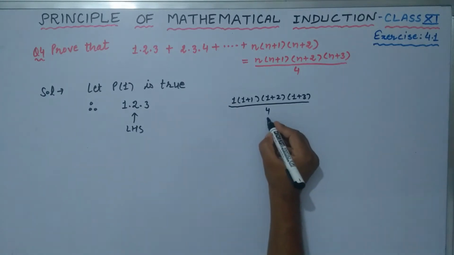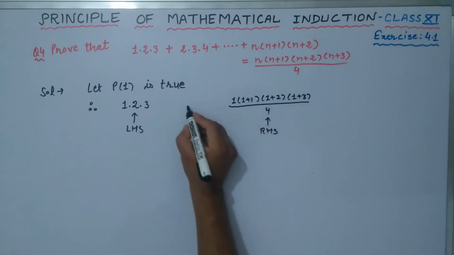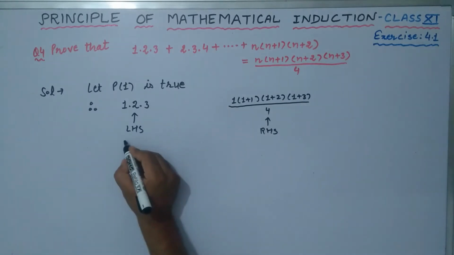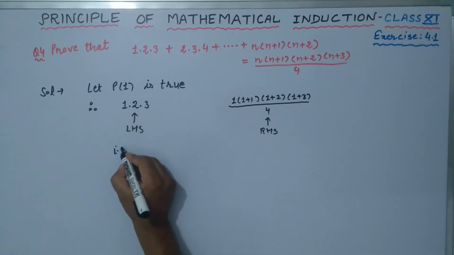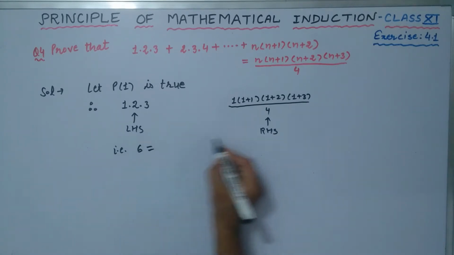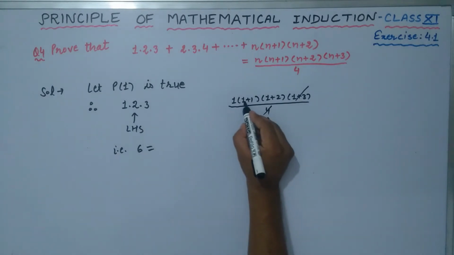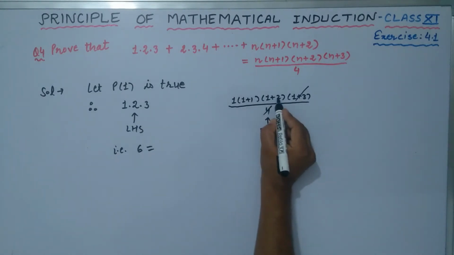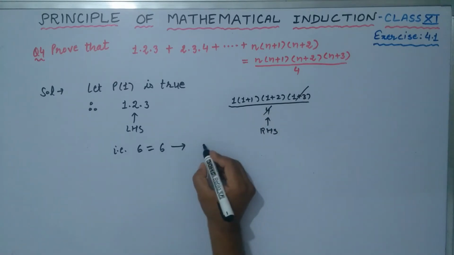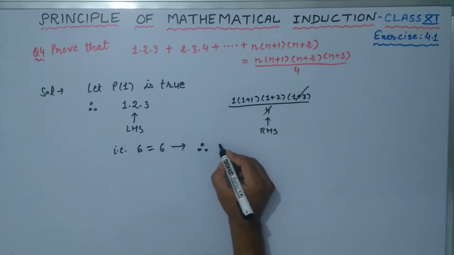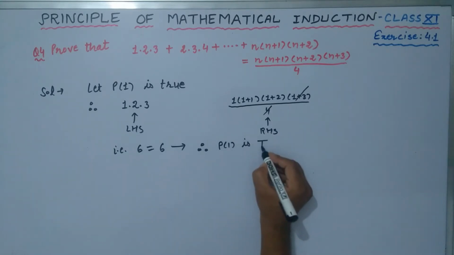So the left hand side is 1 into 2 into 3, which is 6, and on the right side the 4 cancels with the 4, 1 plus 2 is 3, 2 into 3 is 6. What is the conclusion? Therefore P1 is true.